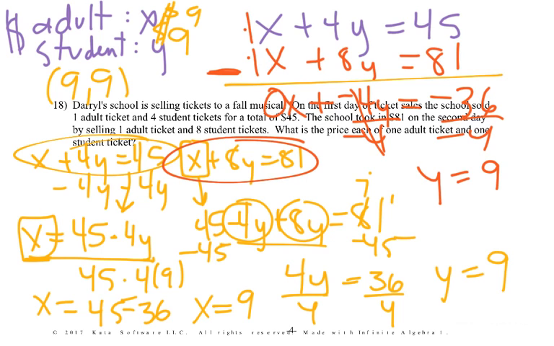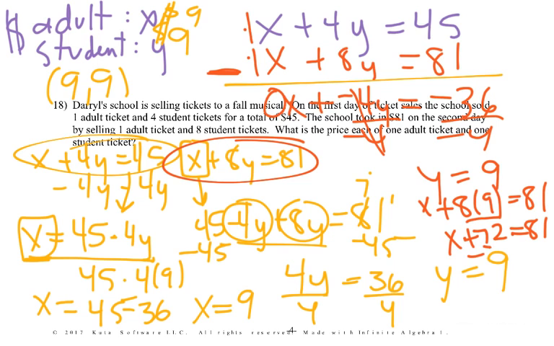Then I could plug it into a different equation, and I would have x plus 8 times 9 equals 81. 8 times 9 is 72. Subtract 72. Now I get x equals 9, once again giving me that answer.